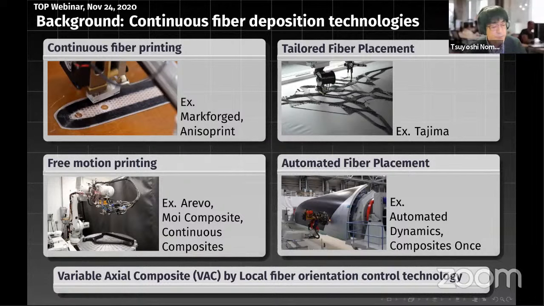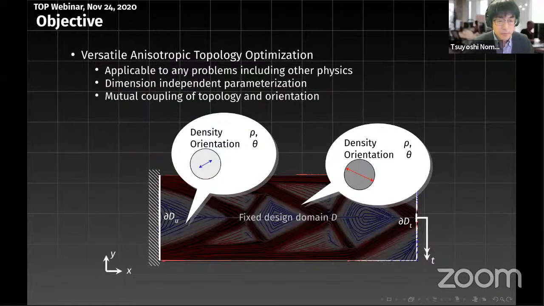And I want to build an optimization technique to design such new composite materials and structures. My objective is to create a versatile anisotropic topology optimization technique that is applicable not only to structural mechanics, but to many other physics as well.